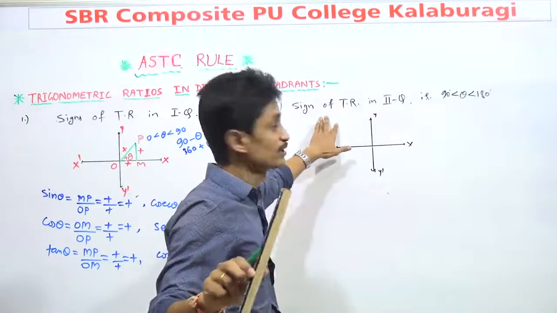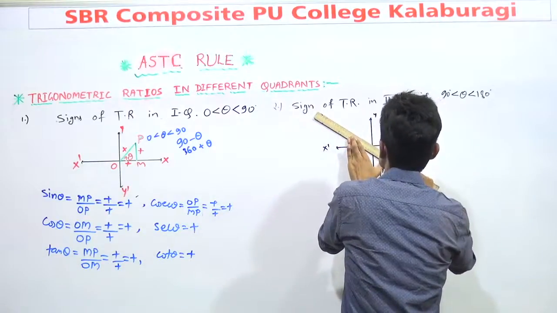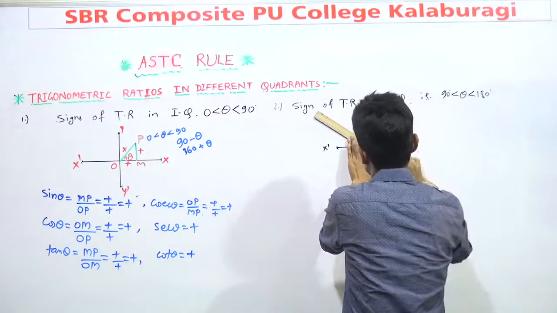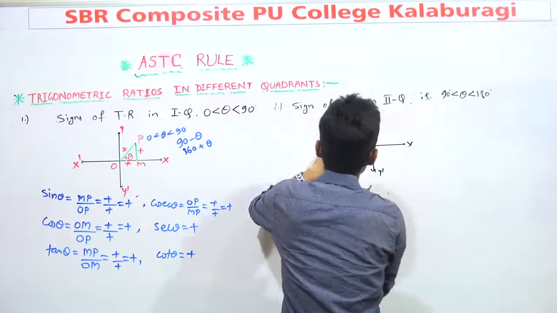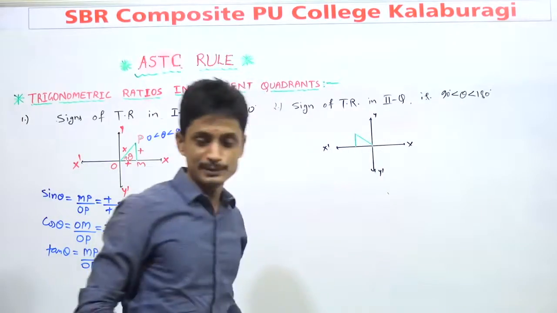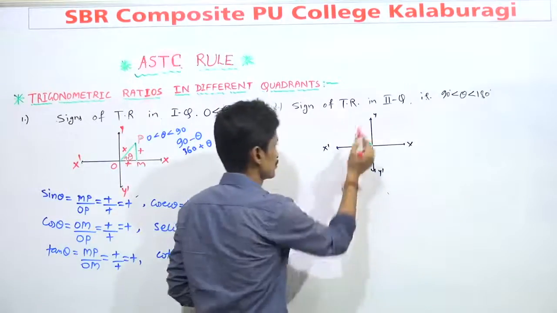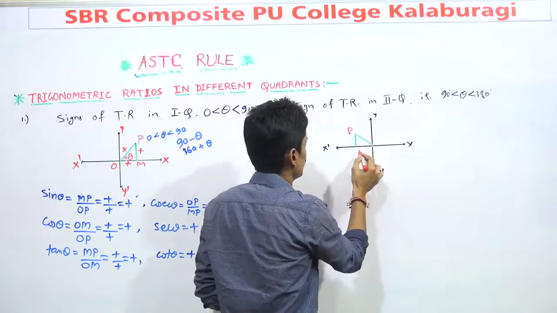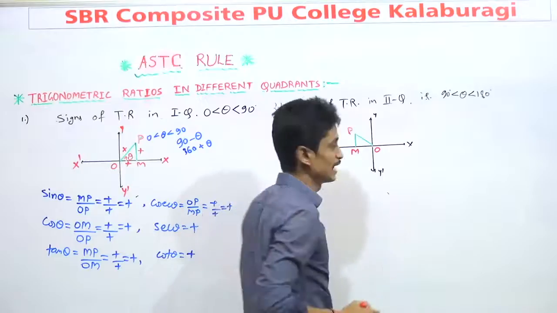Now we are discussing the second quadrant, so I will simply take the terminal side and position it in the second quadrant. Draw a perpendicular line to x dash, naming it. If you take different naming or the same naming, nothing matters. So point P is in the second quadrant, and this is M on the negative x-axis, origin as well.